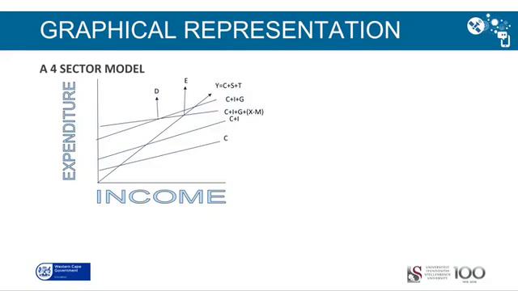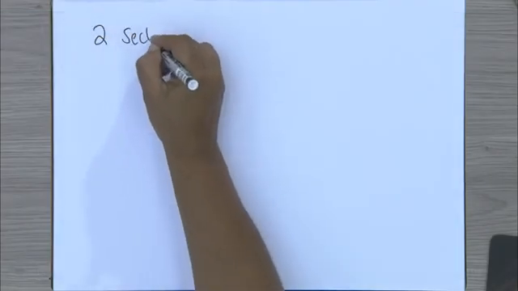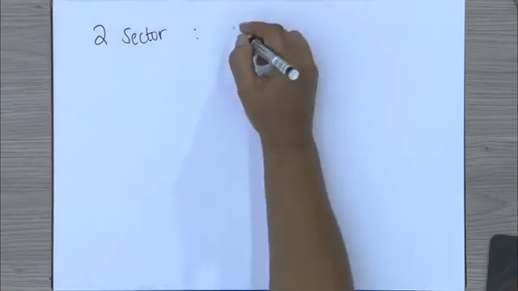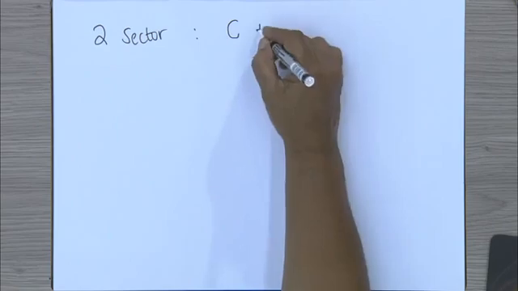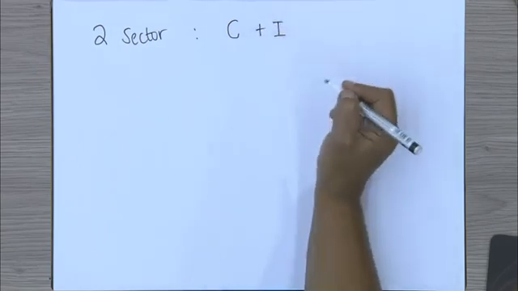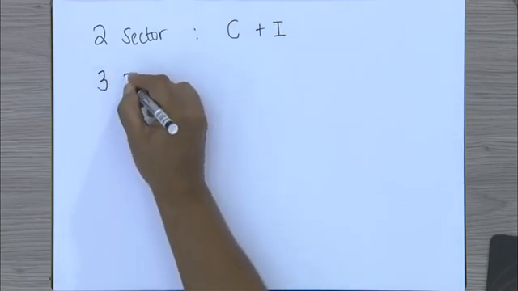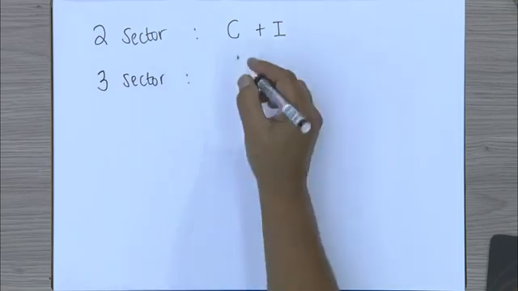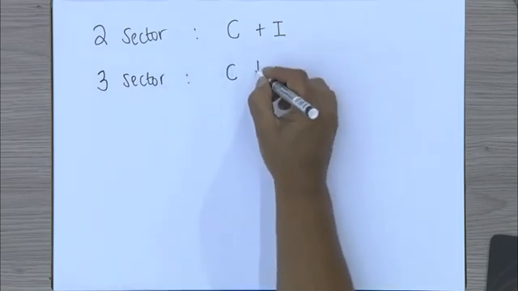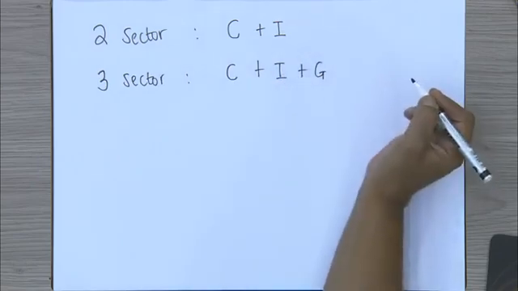Our two-sector model consisted of households, denoted by the letter C, plus your businesses, denoted by the letter I. Your three-sector model is households plus business, and then we added the government.